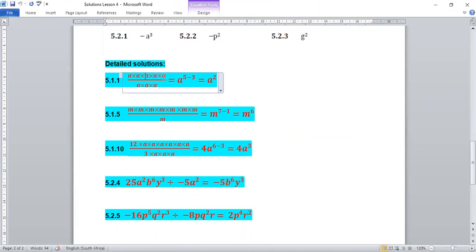As tedious as it sounds, it's very important that you understand this basic concept. So a to the 5, at the bottom we have a multiplied by a multiplied by a, which is 3. Because there's a division sign, you no longer add the exponents, you subtract. Therefore, this solution is a squared, because 5 minus 3 is 2.